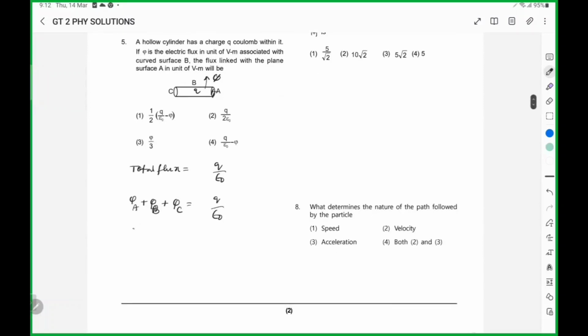So here through this surface or through this surface, flux will be equal. So 2 times phi A plus through surface B, he given that phi is the flux. Phi A will be q by epsilon naught minus phi divided by 2.